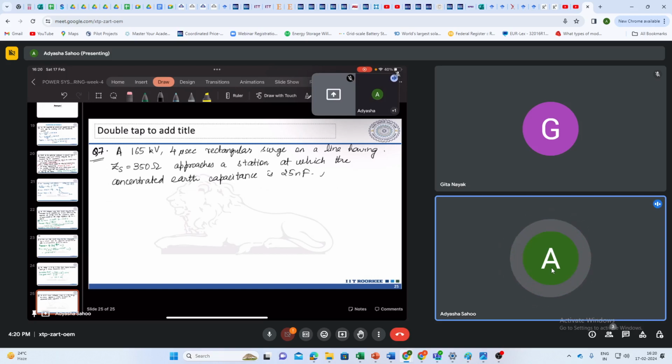Then determine the magnitude of the reflected voltage wave.